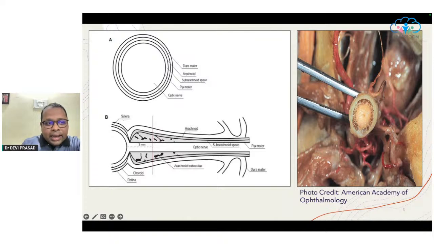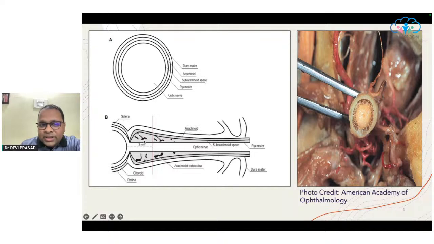What these arachnoid trabeculae have as clinical significance is that the changes which happen in the optic nerve sheath diameter are basically non-uniform. Meaning to say, the sheath changes which happen in the area of the lamina cribrosa and downstream are different.